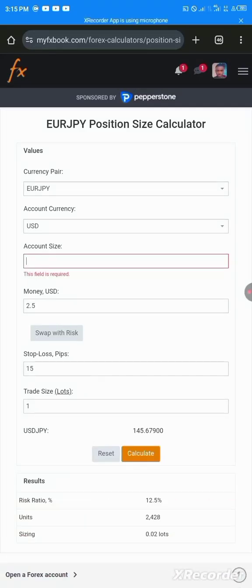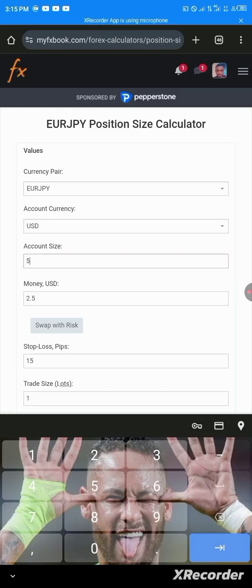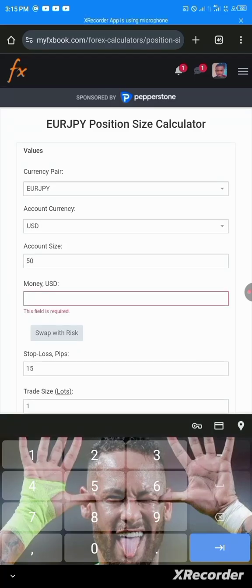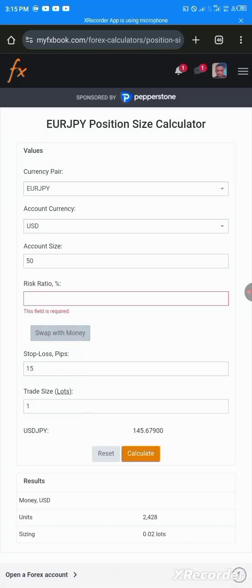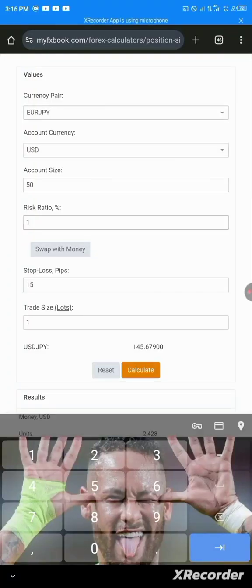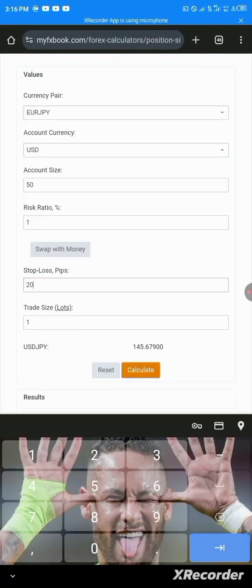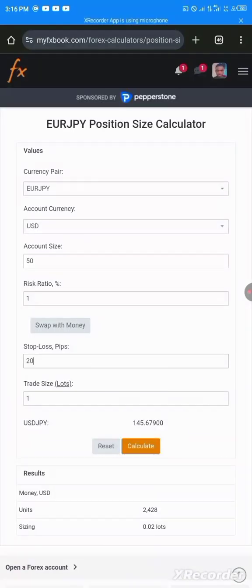If you're having an account size of $50 and you intend to risk, let me say I'm swapping it to risk ratio, you intend to risk 1% of that account, and your stop loss is 20 pip stop loss, and your position size is only one.